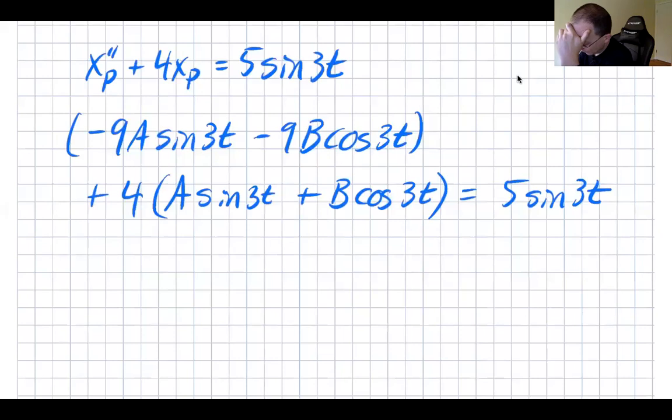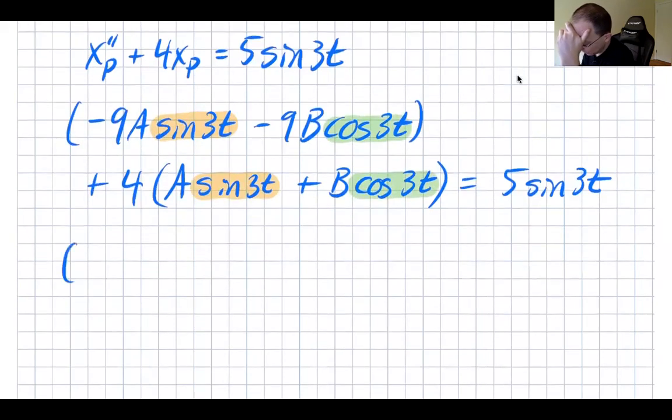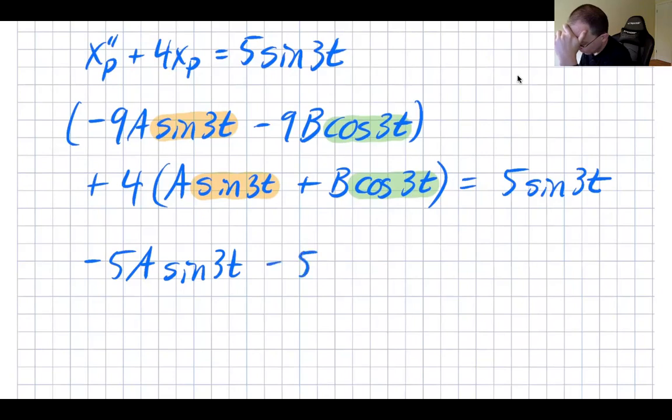Let's collect these terms together. The coefficient of sine is going to be 4a minus 9a, so in total that gives me minus 5a sine 3t. And then we have minus 9b plus 4b, so that's minus 5b cosine 3t.